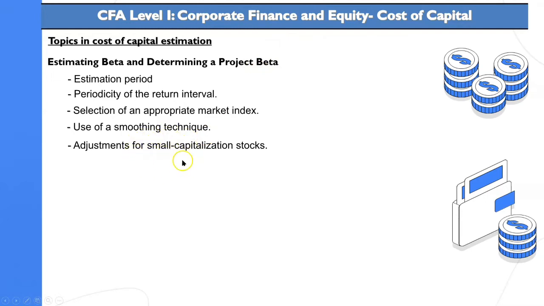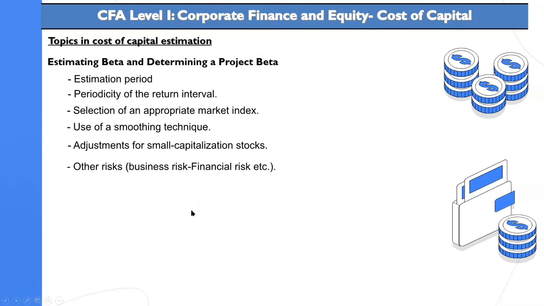The problem with small companies is that they are riskier than the normal, big companies. This is why the estimate of beta always gives a return less than the actual. The small companies produce returns higher than what beta predicts. So there is an issue here with the small companies.